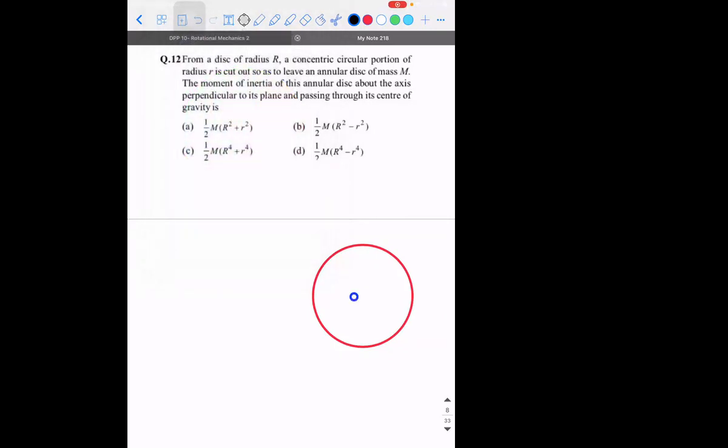So the circular portion that is removed is, let's say, there is the circular portion that is removed. So this is capital R, this is small r.